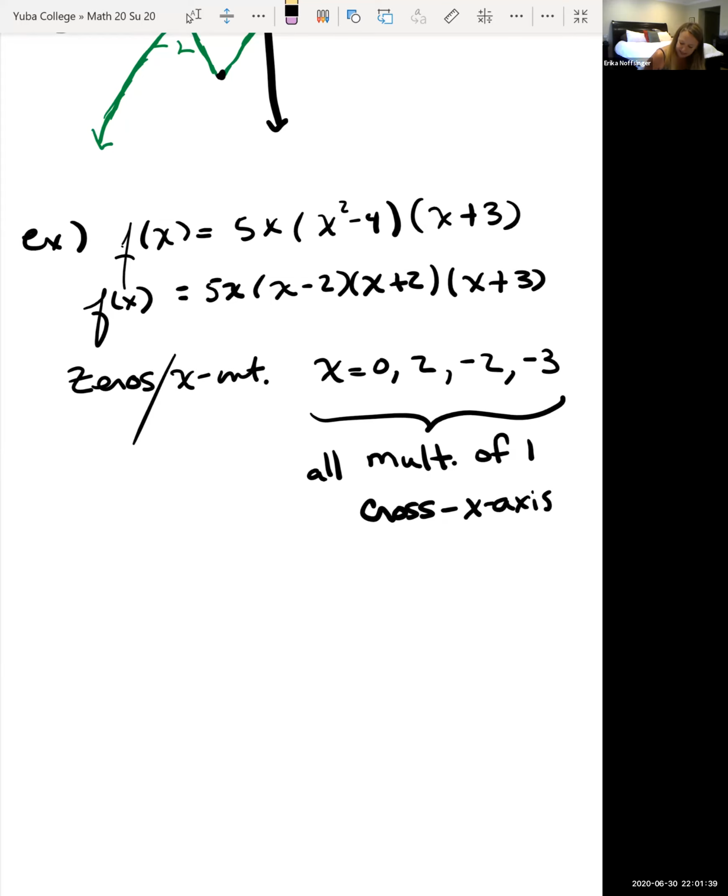If we plug in 0 wherever we saw an x in that equation, we can figure out what our y-intercept is. Doing that, I can do the same reasoning we did last time: plugging in 0, 5 times 0 is 0, and 0 times anything over here is going to give us 0.